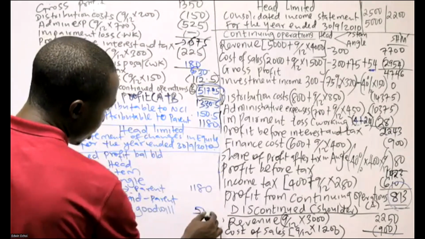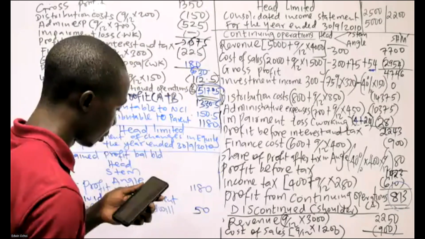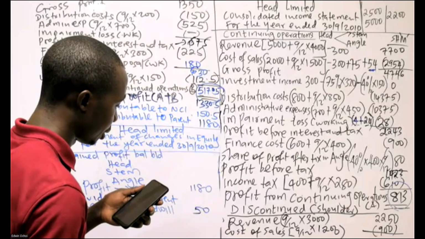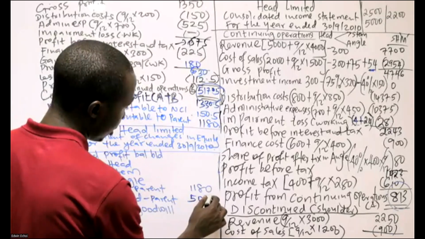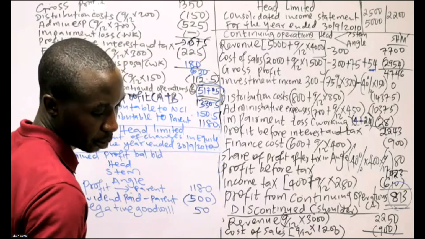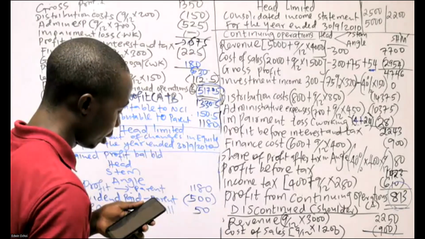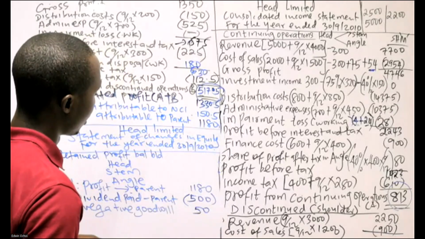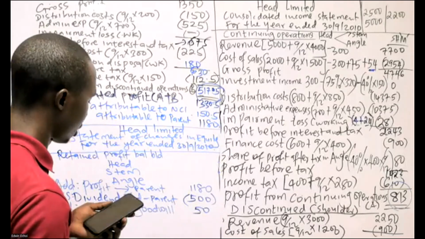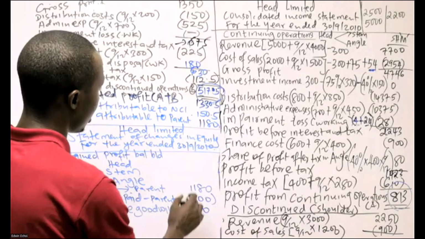You remember that? What about dividends paid by the parent? From the income statement, the column of head, 500. Dividends paid by that parent. You can see that column of head, there's somewhere they say dividends paid after profit after tax. For the retained profit brought forward for head, 2,500.